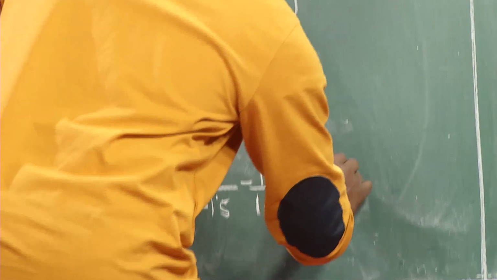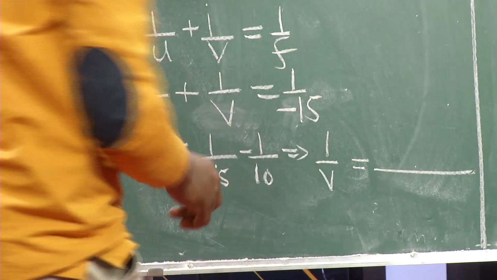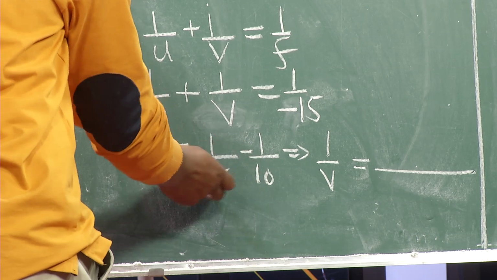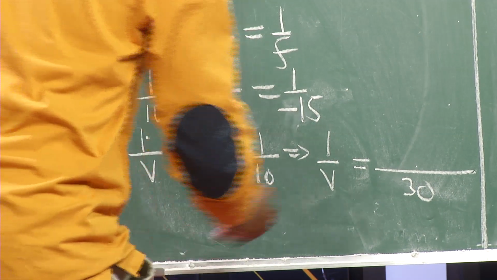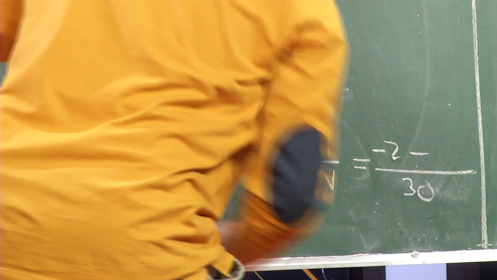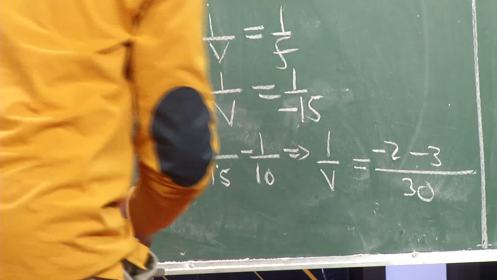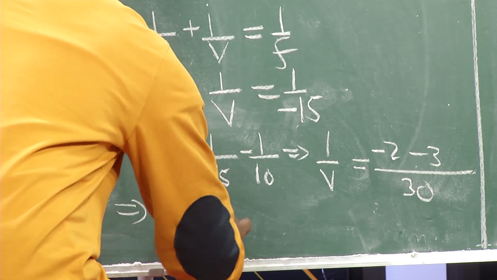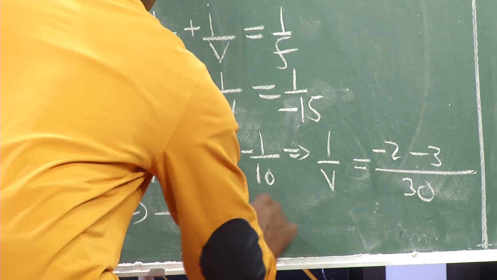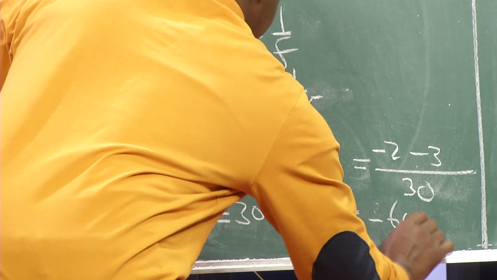If we take the LCM, which will definitely be 30 for 15 and 10, this is -2 - 3. So this implies that -5V = 30, therefore V is -6 centimeters.